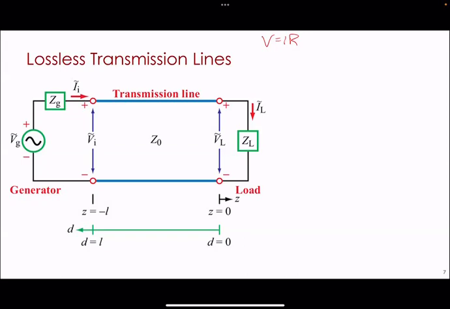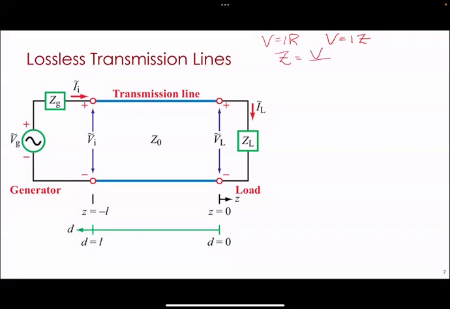So we have Ohm's law, V equals IR. We're dealing with impedances, so let's just use V equals IZ. Let's say you wanted to solve for impedance. What does this say? It says the impedance, whatever it is, this ratio has to hold.